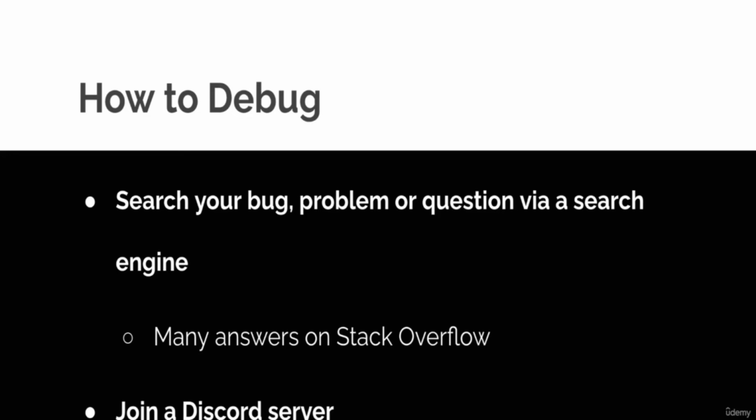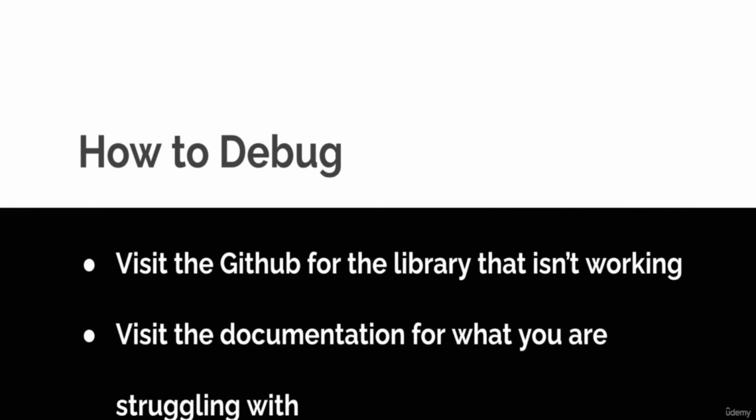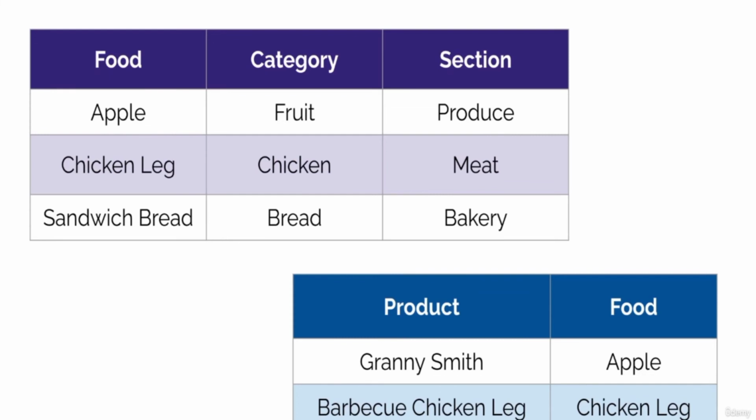You can even join a community like a Discord server or a Slack server and find other developers, perhaps for your specific category of interest, like databases. You can also visit the GitHub page for whatever tool you're using that isn't working, and you can visit the documentation for whatever you are struggling with. And that is what you will need to take this course.